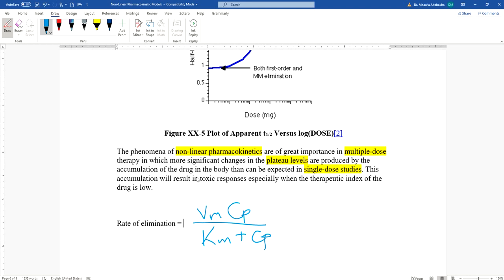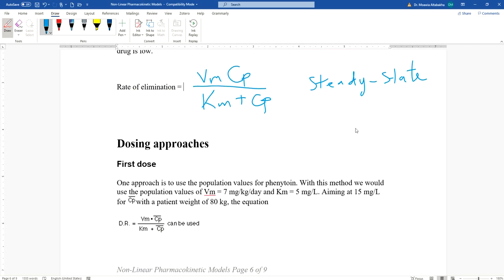what happens at steady state? At steady state, if you remember, the input rate will be equal to the output rate. So giving multiple doses, you will reach a steady state like IV infusion or multiple IV bolus administration.